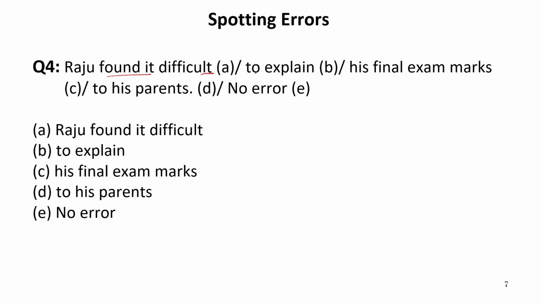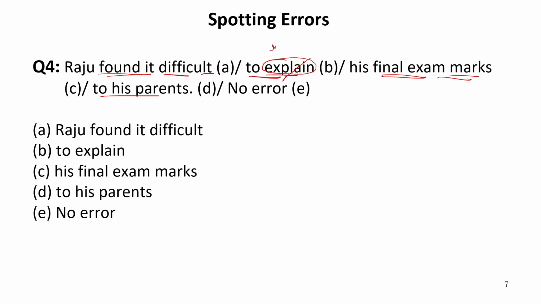Raju found it difficult to explain his final exam marks to his parents. Now look at the sentence carefully. It is written in the first part that Raju found it difficult to explain his final exam marks. Now, if he has to explain something, then what is the difficulty? His final exam marks. So, the word explain is incorrect.